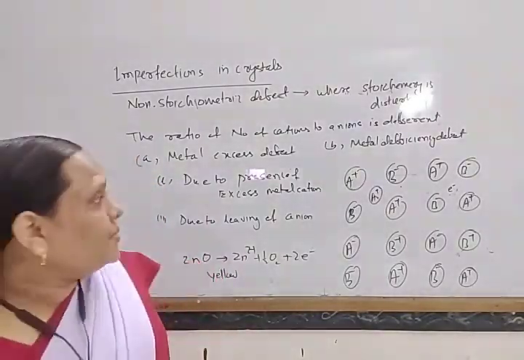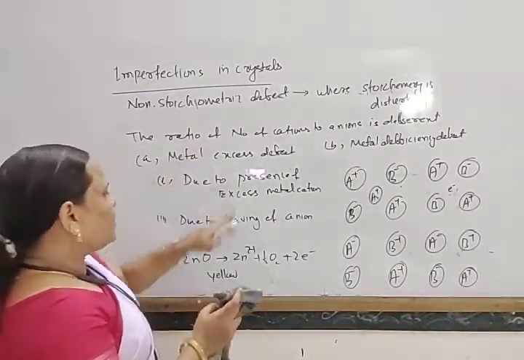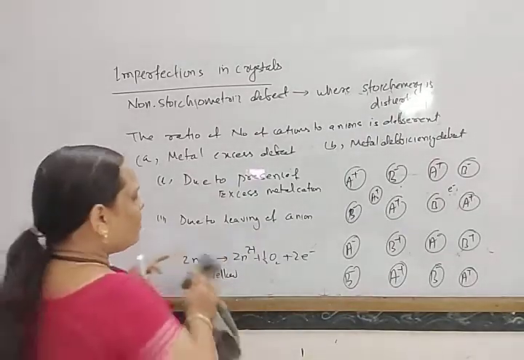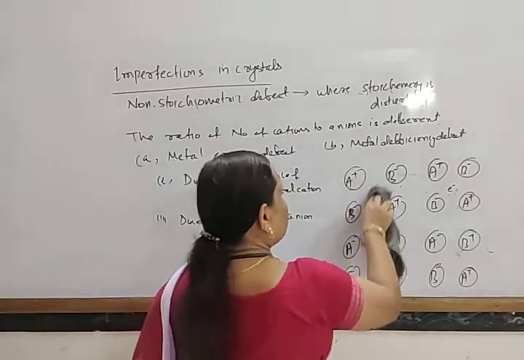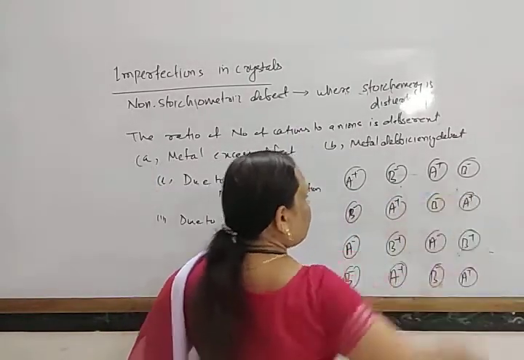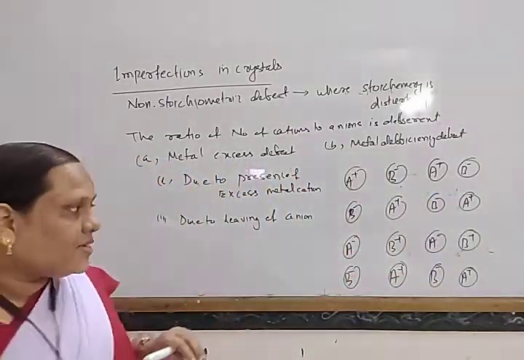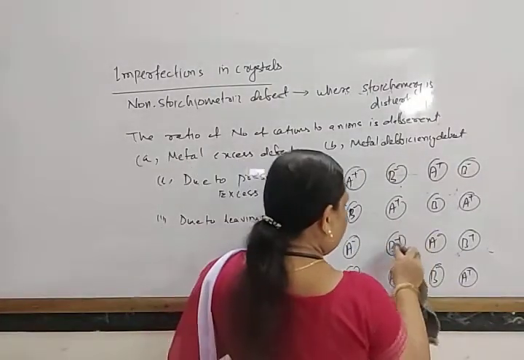Next, we come to another metal excess defect, due to leaving of anions. When some anions leave their position, a hole is created.